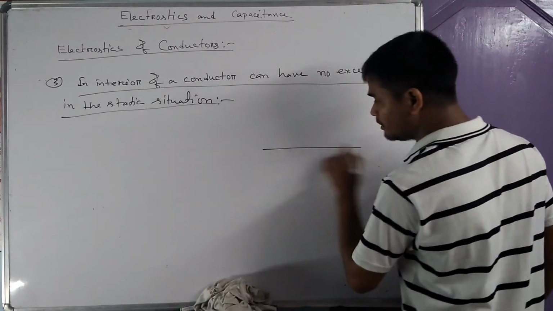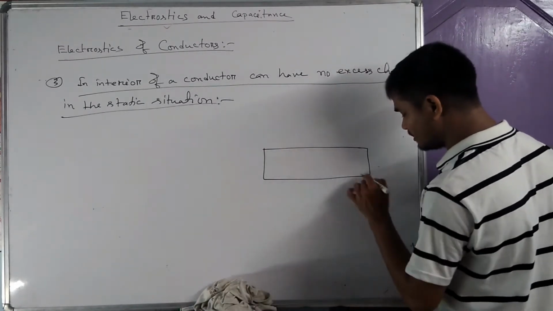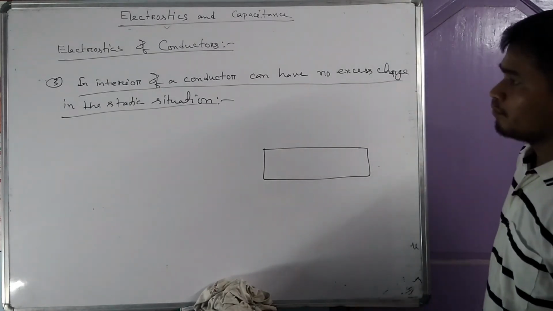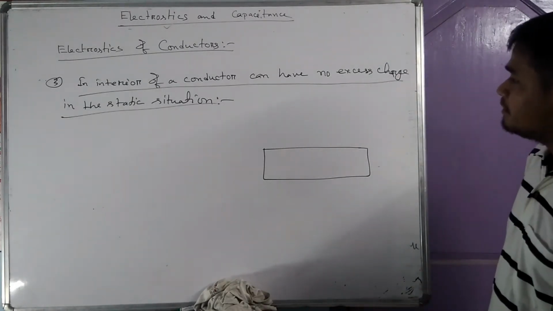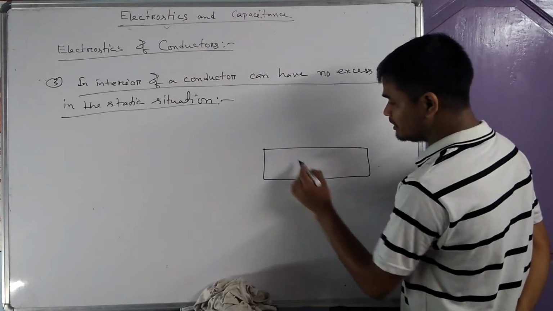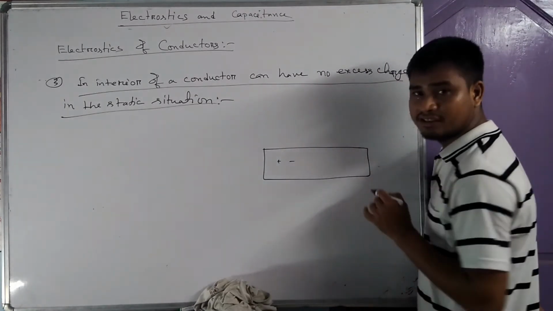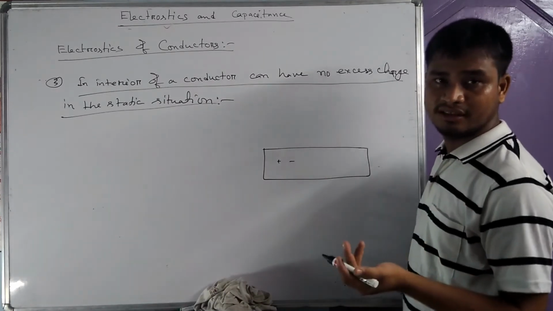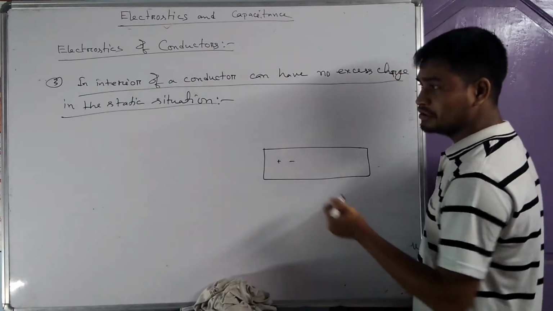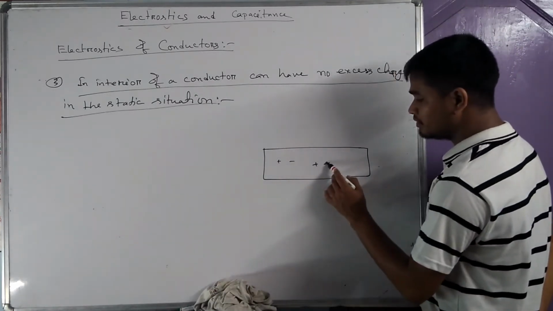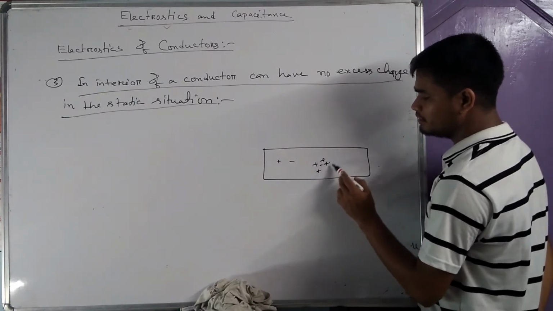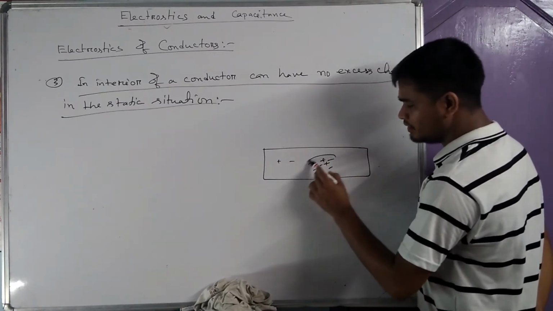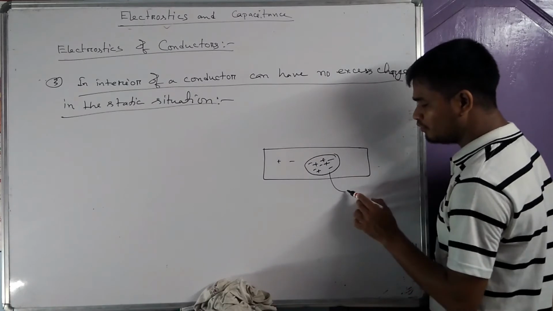Let us consider this is a conductor. In the interior of a conductor, we can assume there are lots of plus and minus charges. Some ions are there, some electrons are there. In the static situation we are considering, let us consider this is a small volume element.